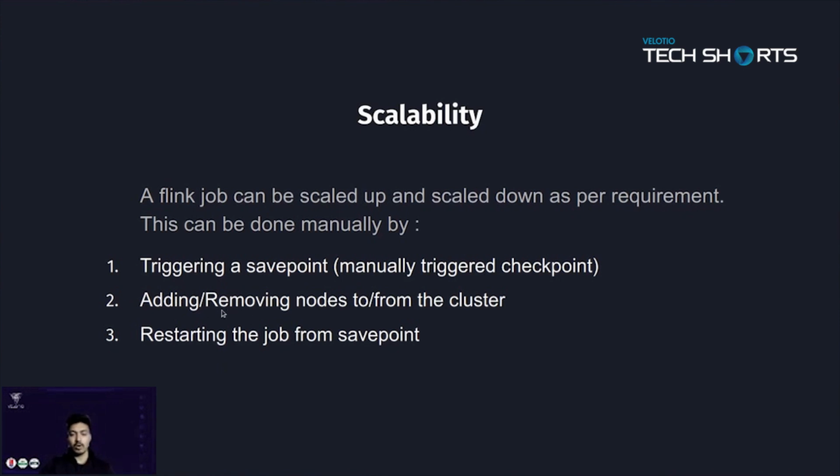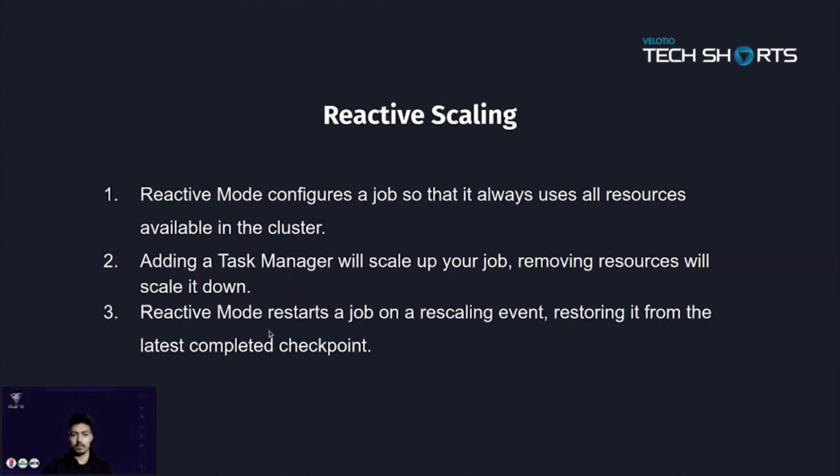Then we add or remove nodes for scaling up or scaling down our Flink cluster. Then after that, we reload the data from the savepoint into all the operators, and then we start the job from that particular savepoint. So these are 3 steps that are done manually.